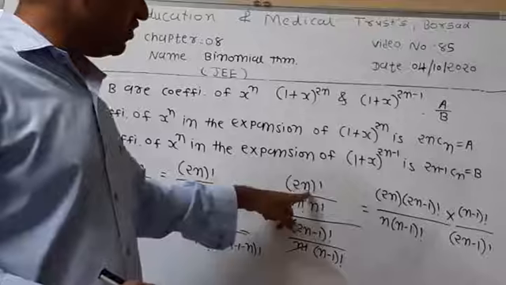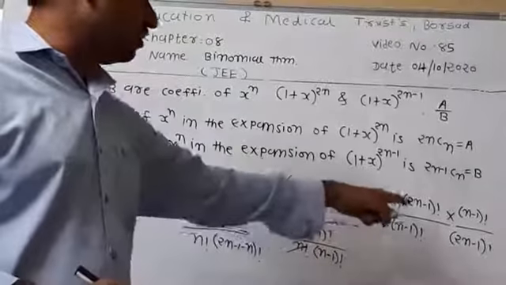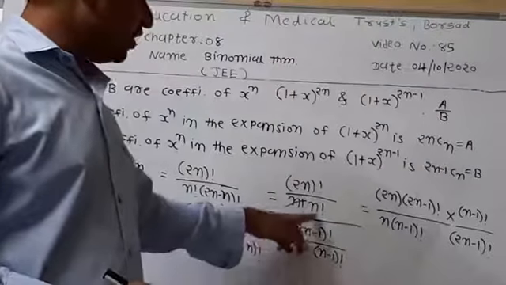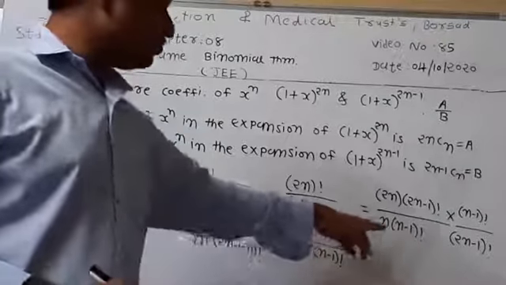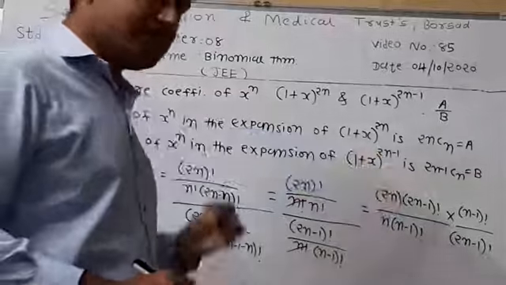So 2n factorial in the numerator and (2n minus 1) factorial in the denominator, and this divisible form is written in multiplicative form.